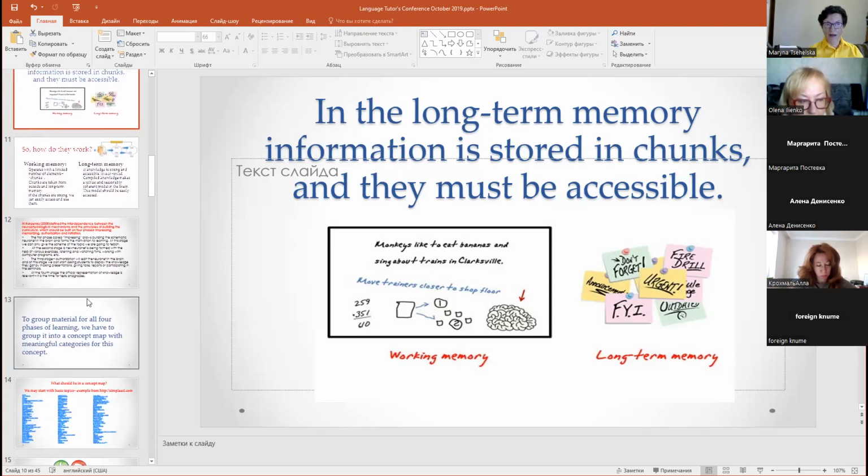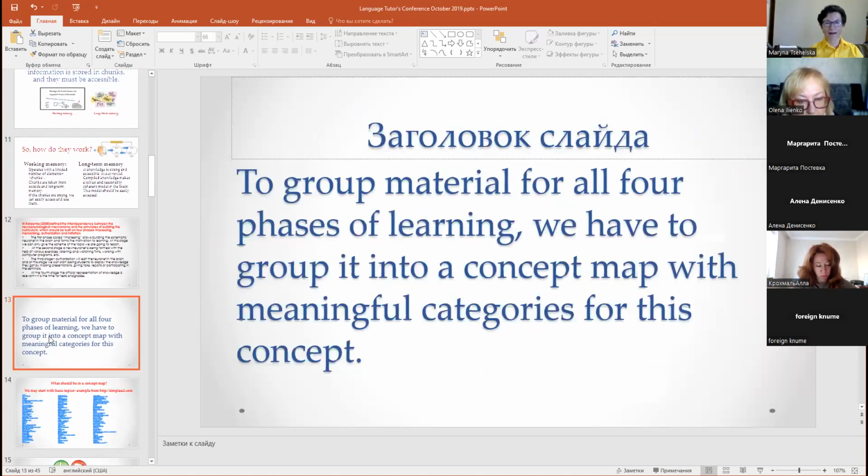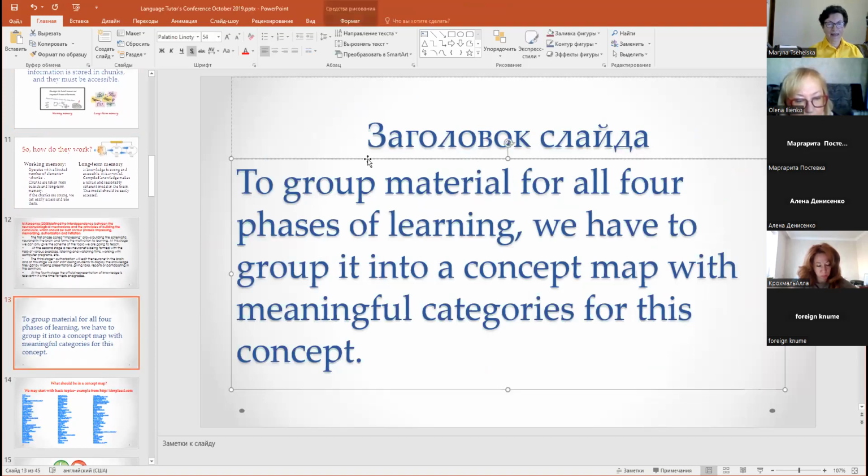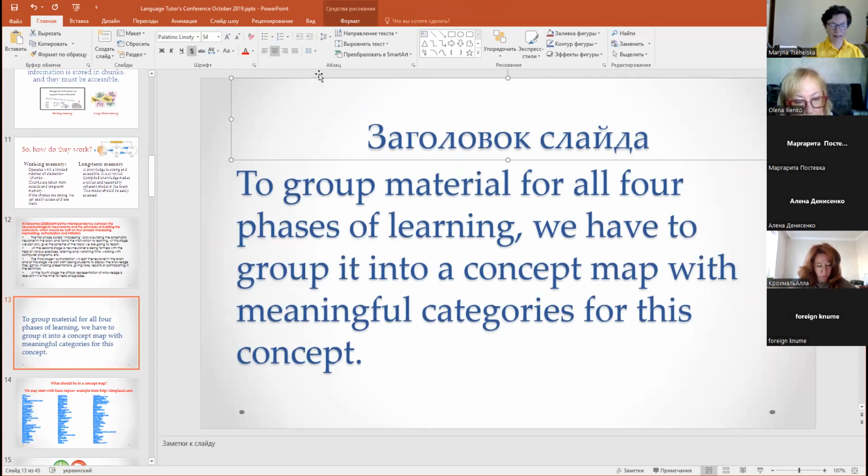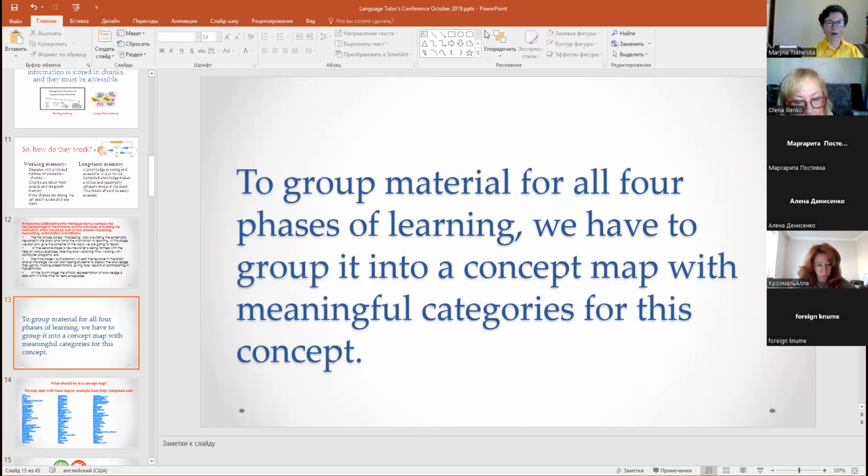So now I'm coming to my important findings and why I believe in informed eclecticism and what I do as an eclectically informed teacher.